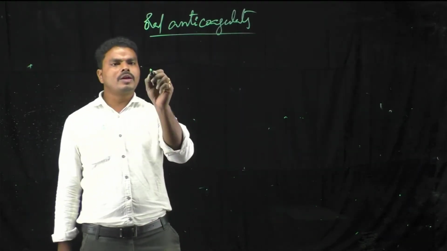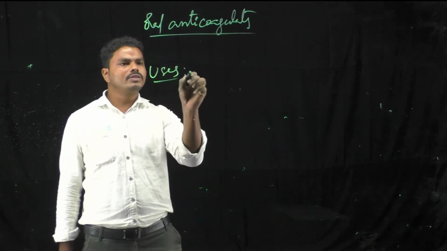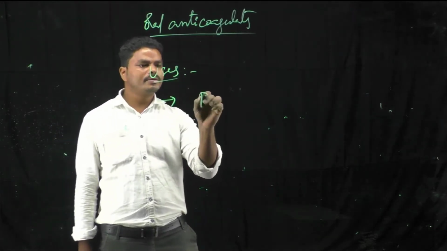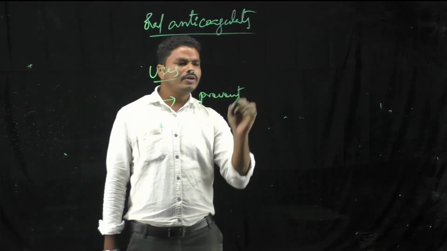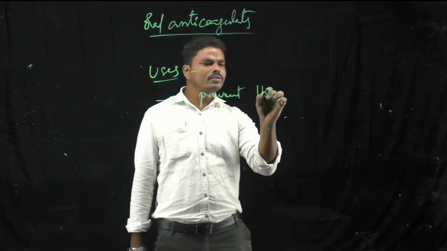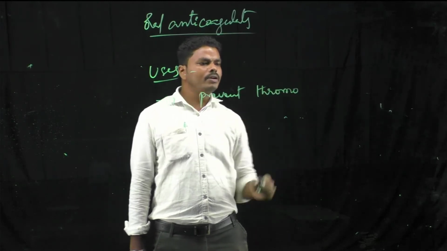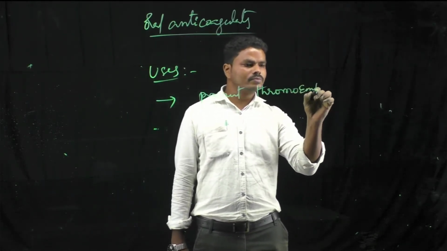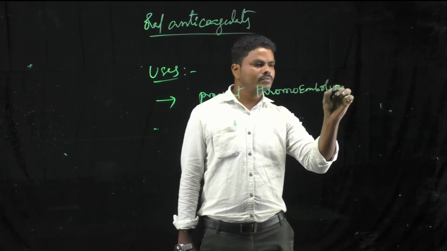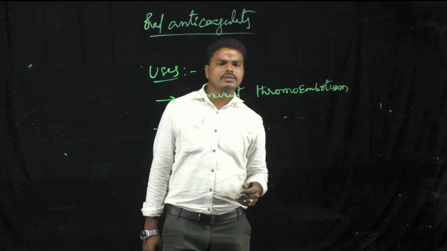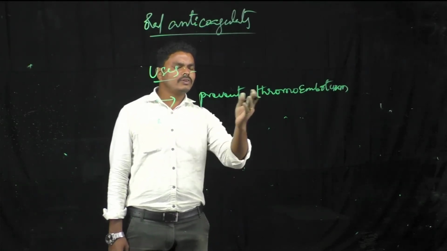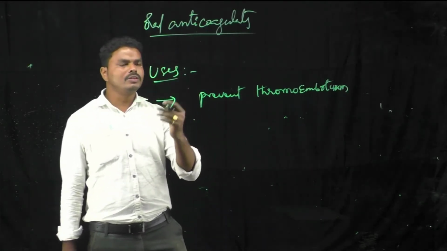And coming to the therapeutic uses of this warfarin, it is generally used to prevent different types of thromboembolisms which are obtained after administration of heparin. So after administration of heparin, there is a chance of development of thromboembolisms. That can be prevented by using this warfarin.